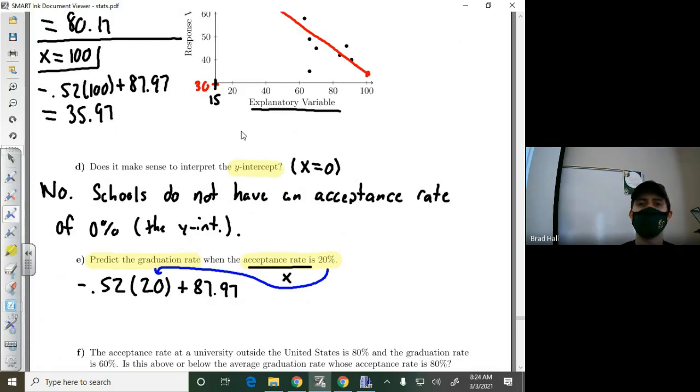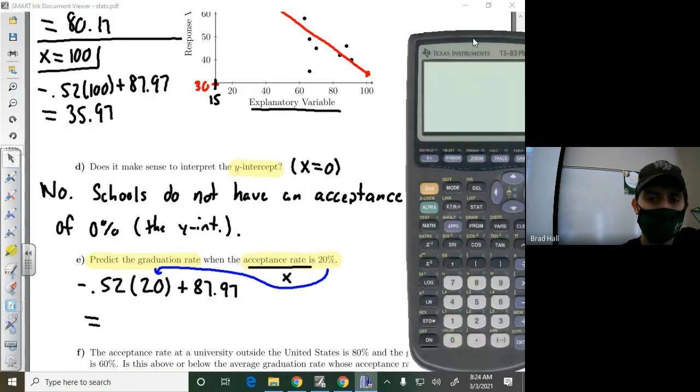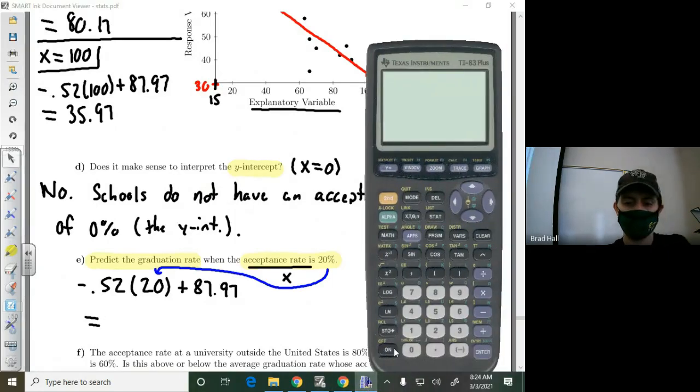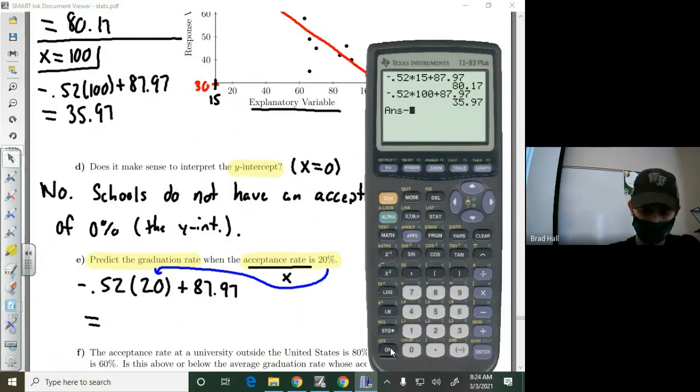So this formula that we have obtained helps us predict a graduation rate, given the acceptance rate is one of these values we desire. And so all we have to do is simply plug that into the calculator. So negative 0.52 times 20 plus 87.97.